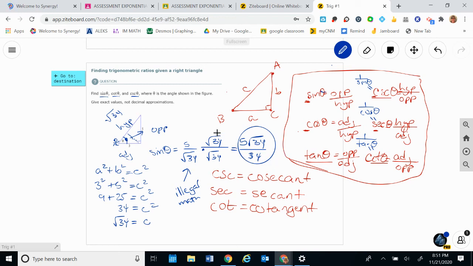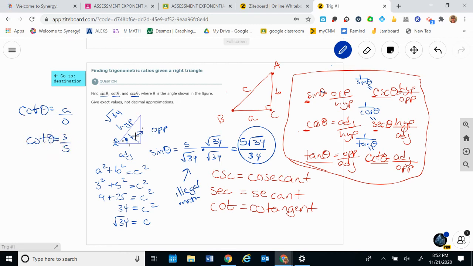Okay, what are we going to do for cotangent? Cotangent, write these down, by the way. You need them on a piece of paper, so you have them handy. Cotangent of theta is equal to adjacent over opposite. So adjacent is 3 over 5. And that's easy, right?